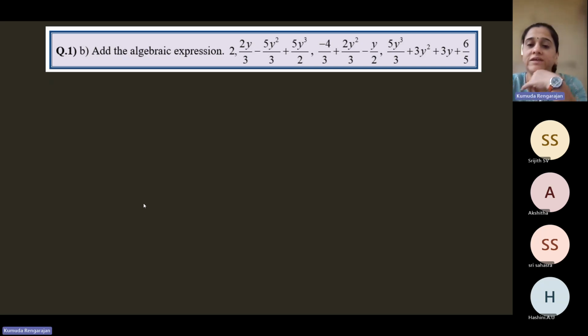So we have y cube terms, y square terms, y terms, and then the constants. Correct.